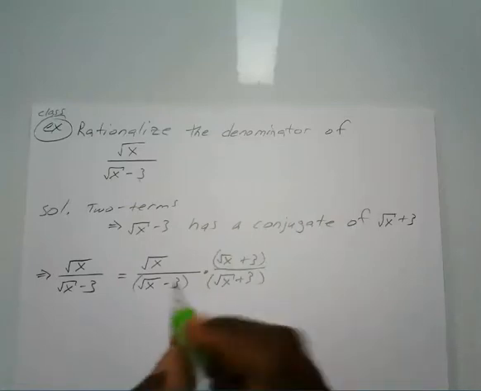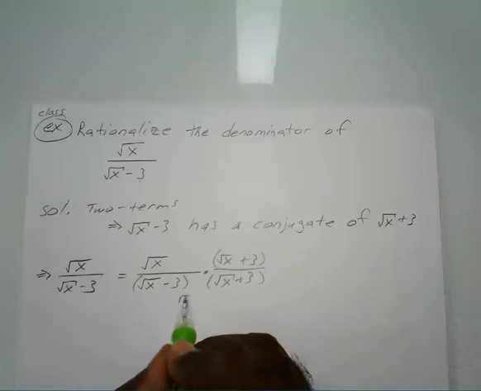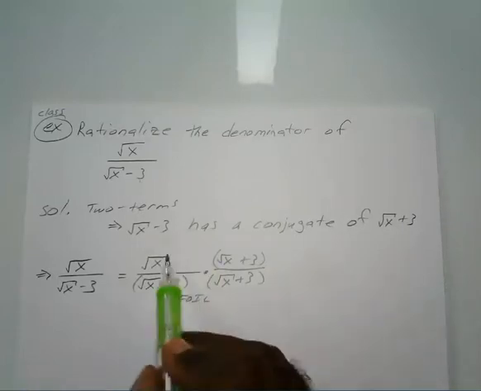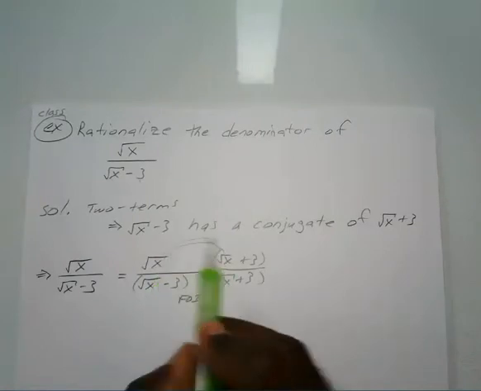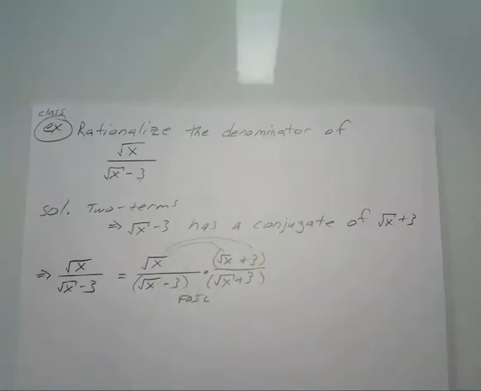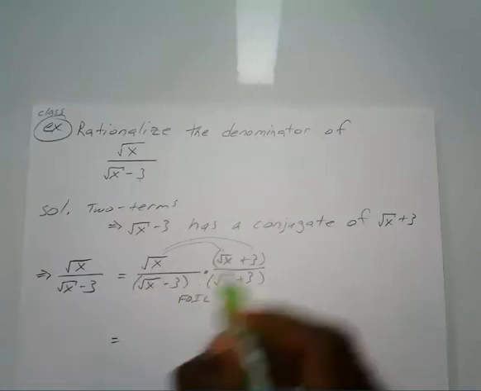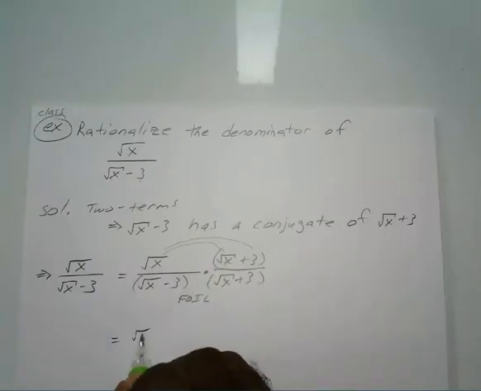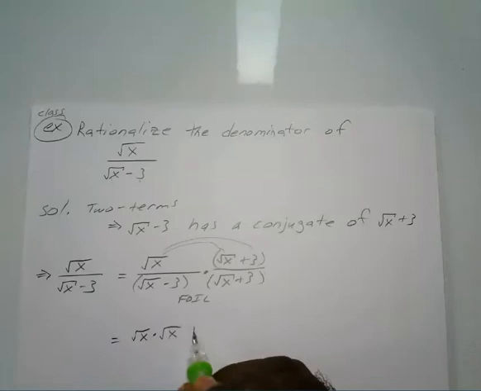Okay, now down here, you're going to use the FOIL method. But up here, you're just going to distribute. Okay, so if we go ahead and multiply those, you have square root of x times square root of x plus square root of x times 3, or just 3 square root of x.